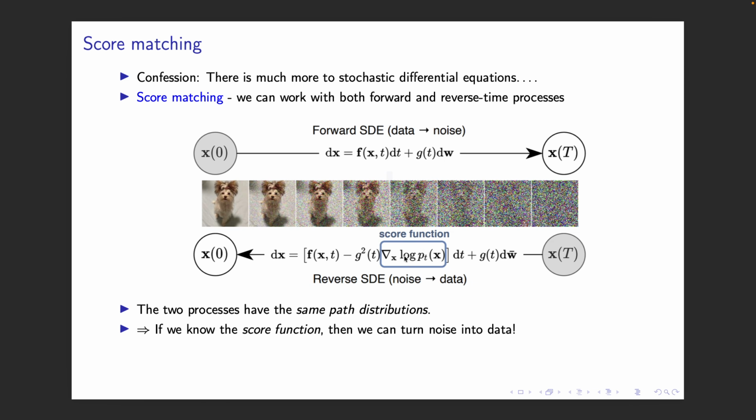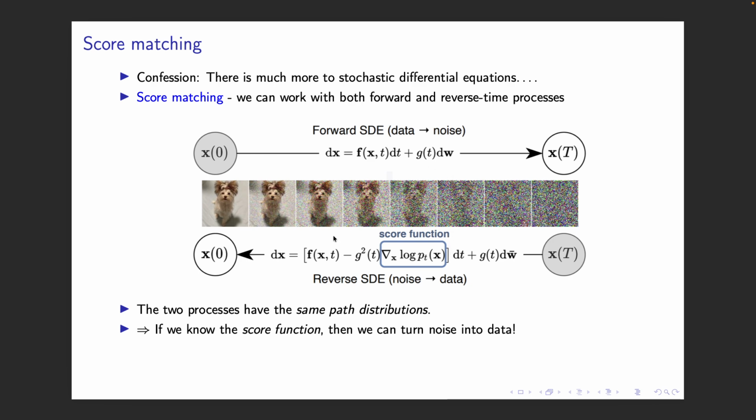The score function is that you take the log probability, your log marginal probability, and then you apply this gradient operator. The gradient is with respect to the stochastic variables, right? So if you have a d-dimensional stochastic variable, then this score function will also be d-dimensional.